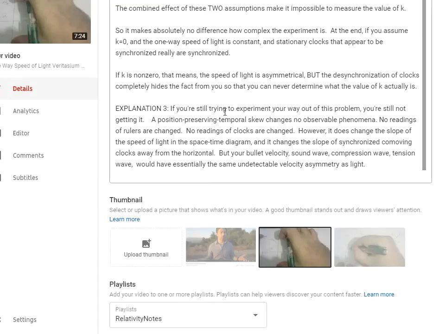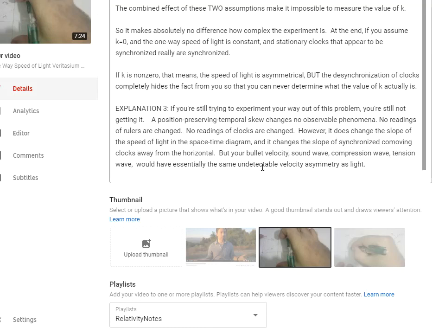If you're still trying to experiment your way out of this problem, you're still not getting it. A position-preserving temporal skew changes no observable phenomena. No readings of rulers are changed, no readings of clocks are changed. However, it does change the slope of the speed of light in the space-time diagram, and it changes the slope of the synchronized co-moving clocks away from the horizontal.